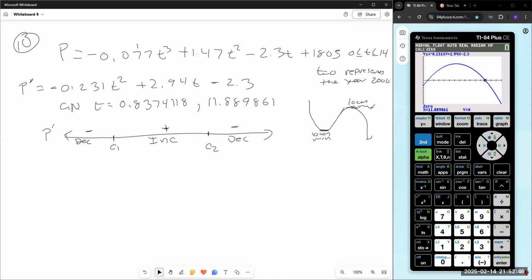I can make my calculator remember that x value. I'll go ahead and work on this one that it knows right now.